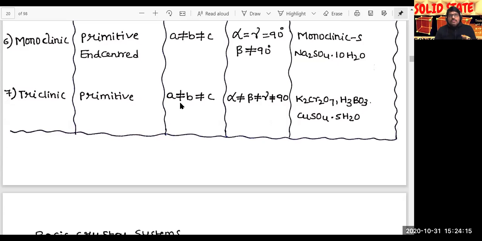We have to study where the particles are present and how many effective atoms are present, what the density is, what the different types of voids are.